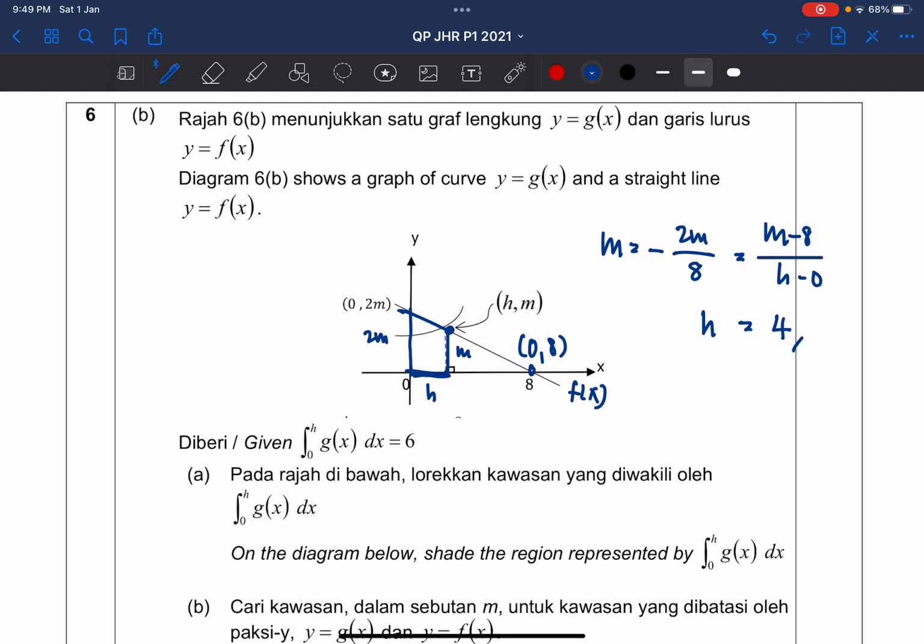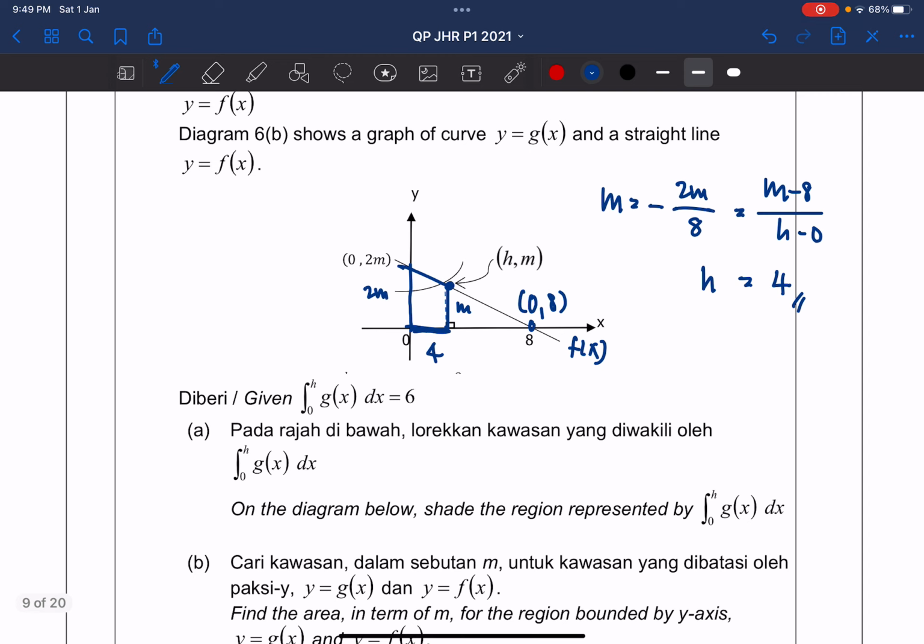Okay, so once you have the value of h, you can put 4 here, and you can now find your area of the trapezium and minus out the 6, which is this part under the g(x) graph, to get the area bounded.